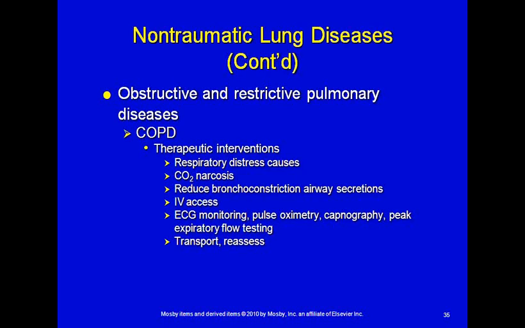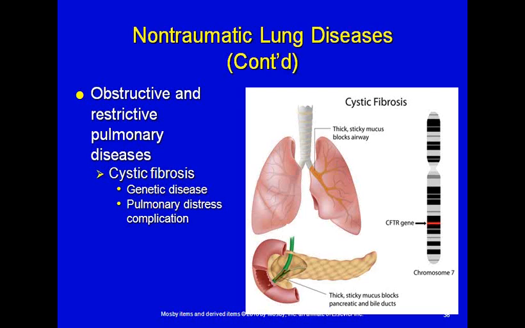One of the important things we glean from peak expiratory flow is that if you get a baseline, and then you administer a treatment and it doesn't get any better at all, there are two things you can take away from that: bronchoconstriction is not their problem, or your treatment was just ineffective. And then transport and reassess frequently.